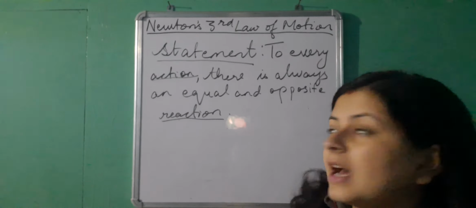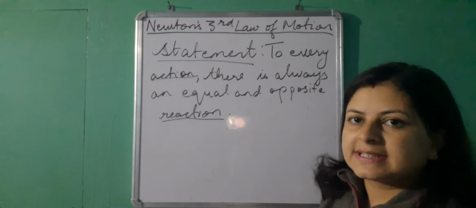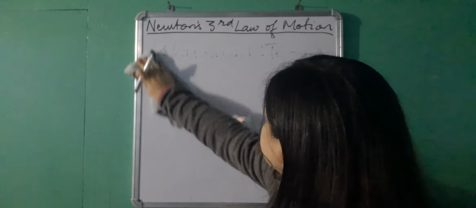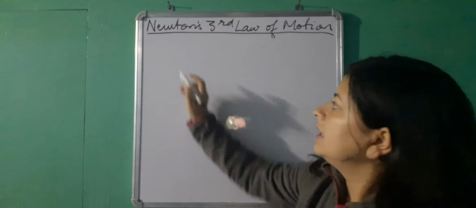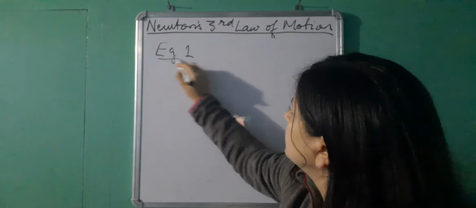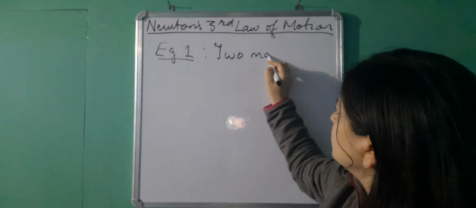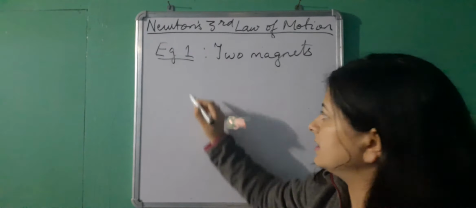Let us now elaborate on Newton's third law of motion, taking a few examples. Let us take example 1. We will take two magnets separated by a certain distance.